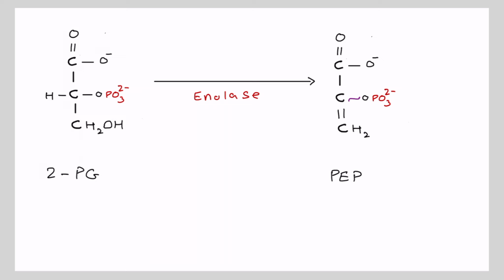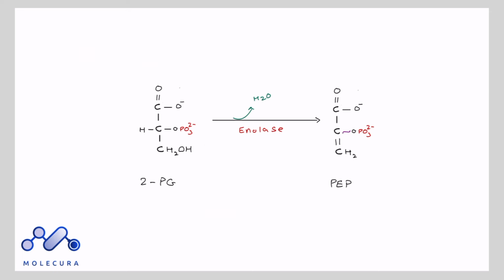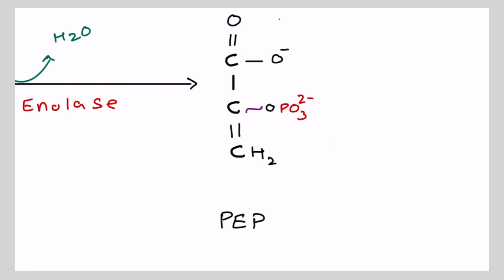And as you can see, our hydrogen and our hydroxyl group has got removed here, and what we are seeing is in this reaction we have release of a molecule of water as well. So this is our reaction that we have made a high energy bond here again, and like the previous reactions, this high energy bond is going to be broken down to make ATP.